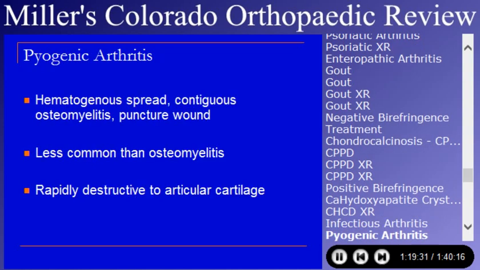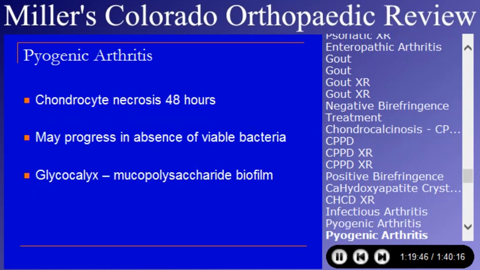Pyogenic arthritis occurs as a result of hematogenous spread, contiguous osteomyelitis (remember the hip in children), and puncture wounds. It is less common than osteomyelitis, but is rapidly destructive to articular cartilage. It is possible to see chondrocyte death within 48 hours of initiation of pyogenic arthritis.